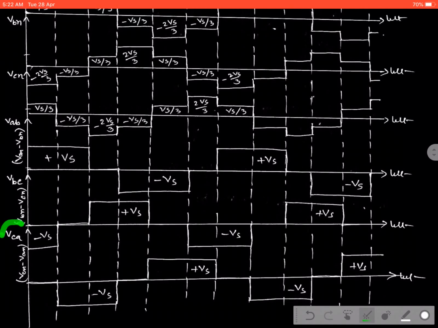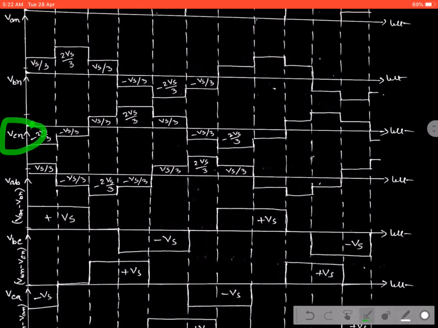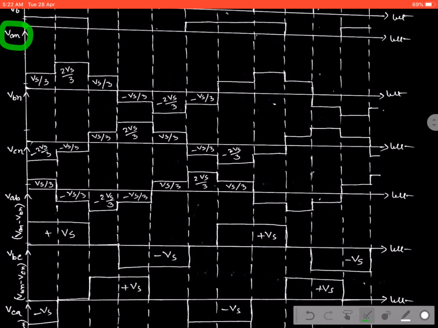The next case is VCA. The similar thing is there, that means VCA means VCN minus VAN, means this one. That means VCN will give you Vs by 3, right? And VAN is minus Vs by 3. So that means the difference is 0.